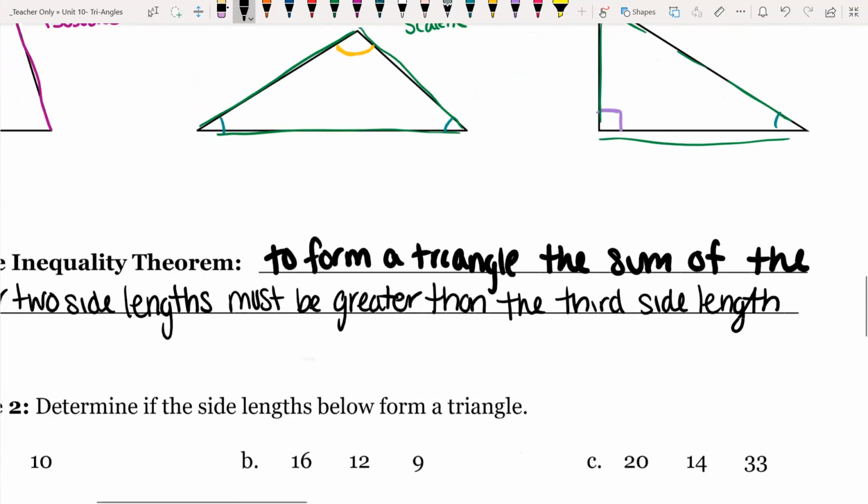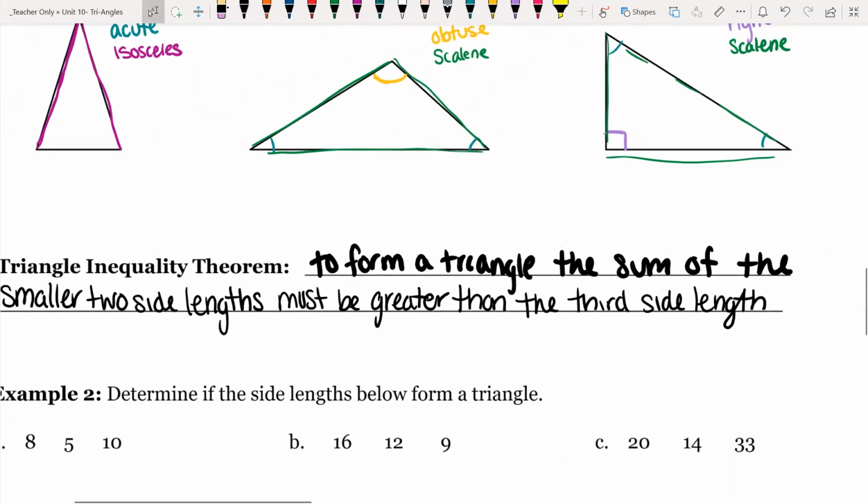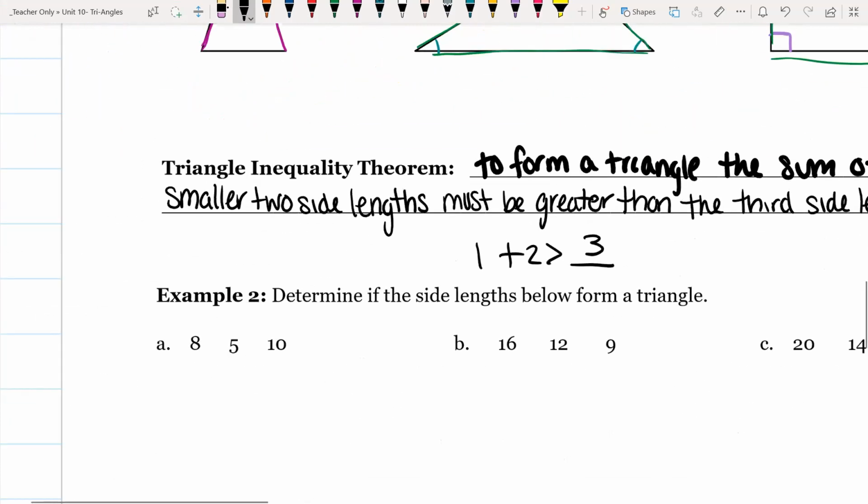What that means is you have to take the smallest two sides, add them up, and they should be greater than the third. If they are, then it is a triangle. If it's not, then it's not a triangle.